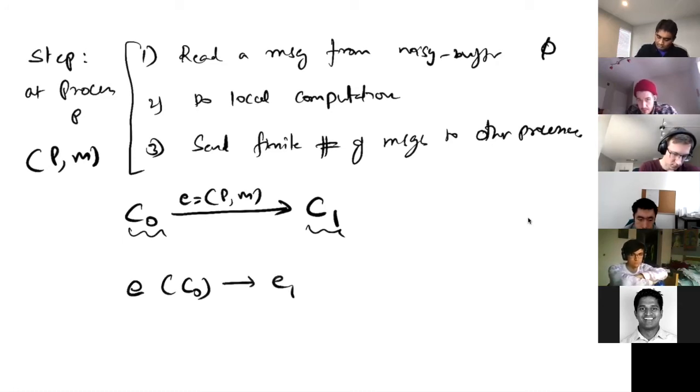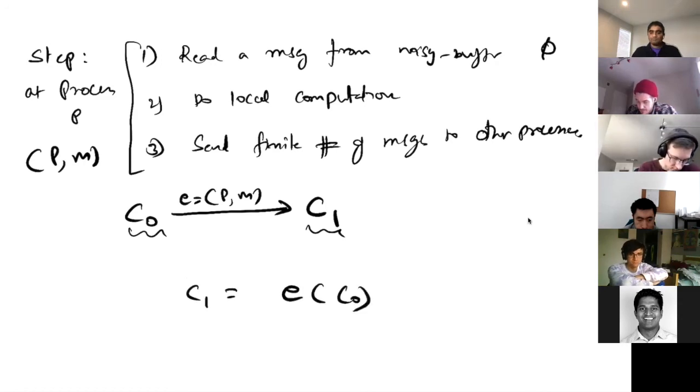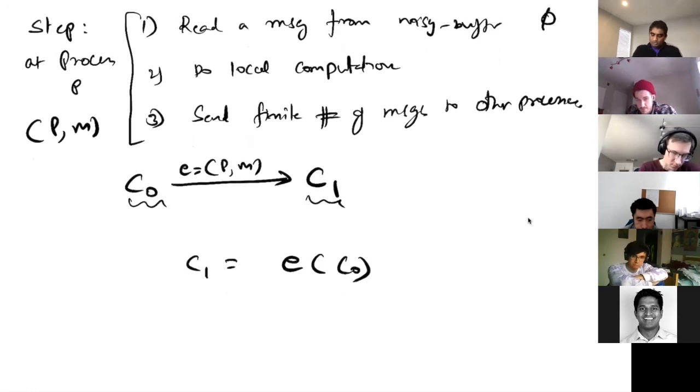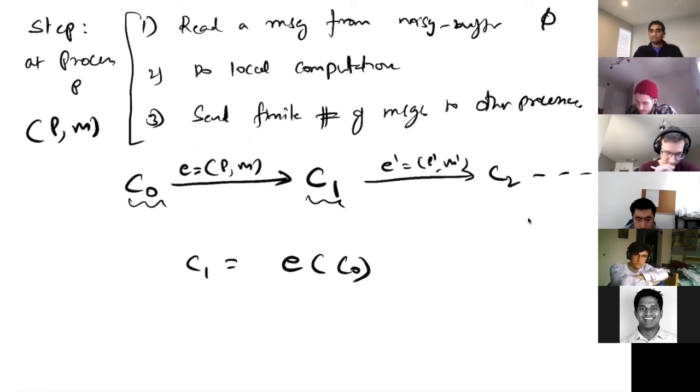So C1 is E applied to C0. You can think of it that way, essentially. So the system progresses, again, there's another event E prime, which is P prime, M prime, taking C1 to C2, and so on and so forth.